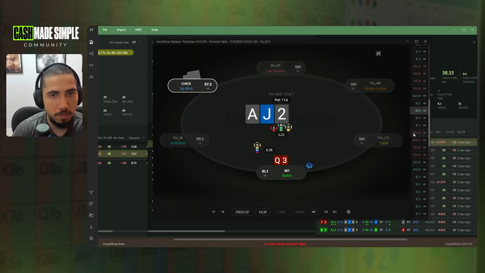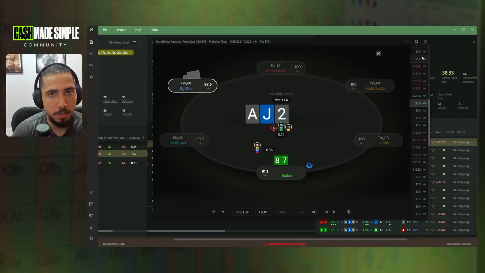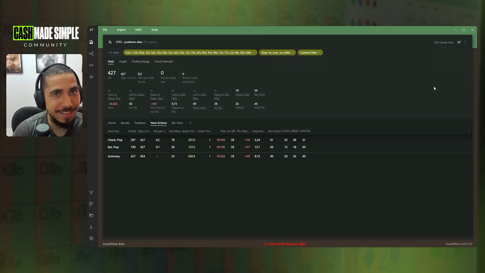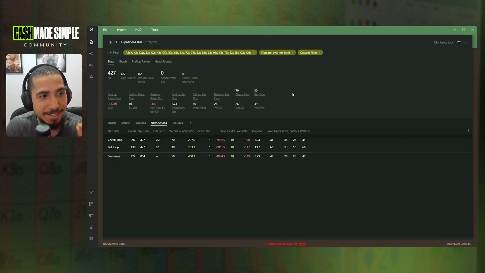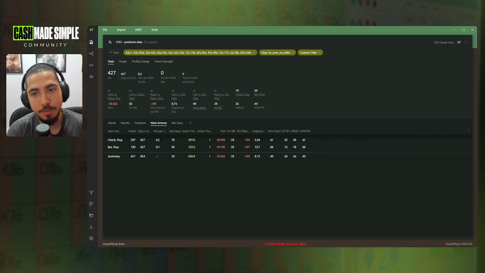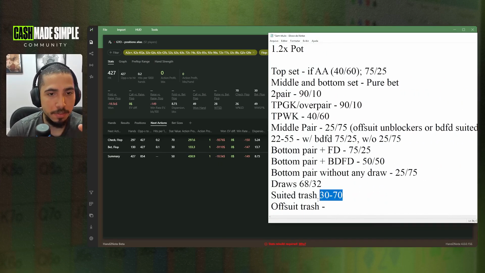Queen 3 of hearts on ace jack deuce, 10 9, 8 7 of clubs on ace jack deuce. Those hands are still betting 30% of the time. Isn't that beautiful that we're betting so much with those suited trash? So suited trash, you can see here 30-70.